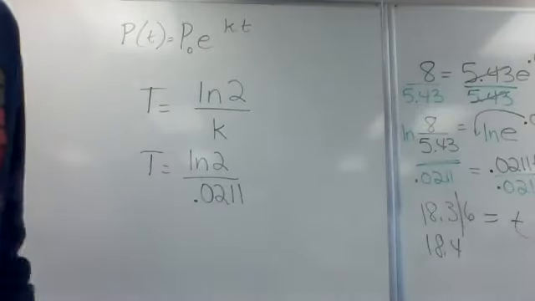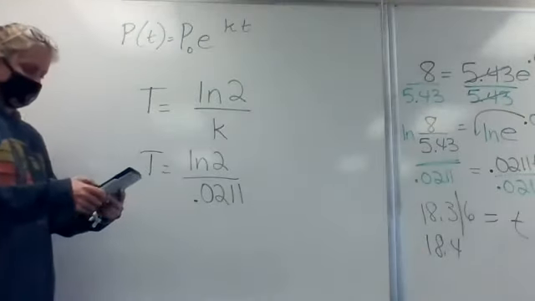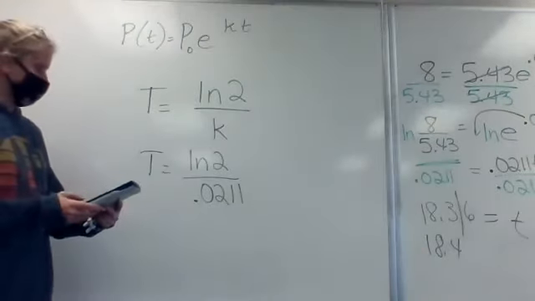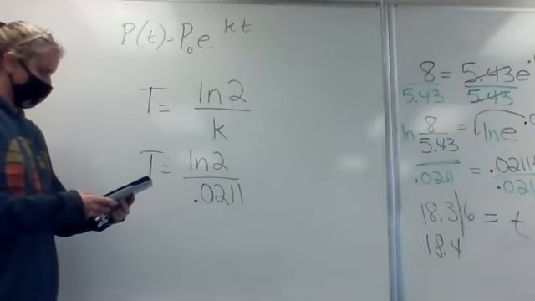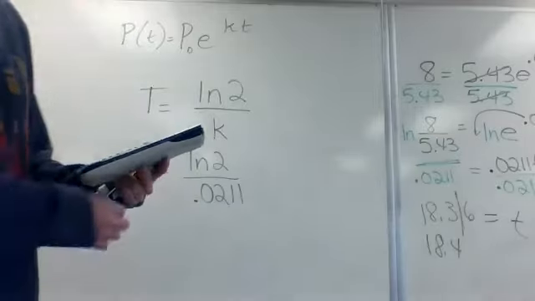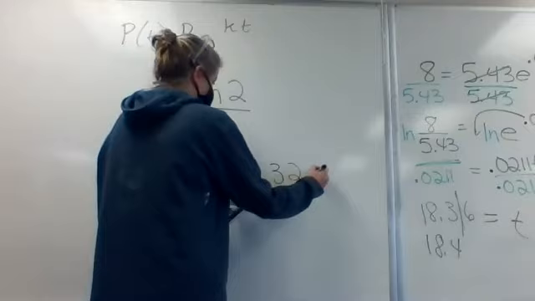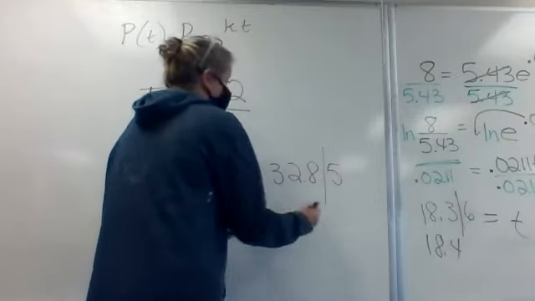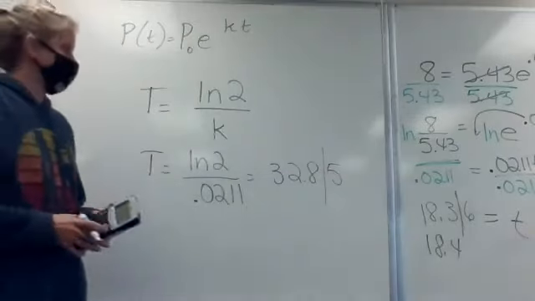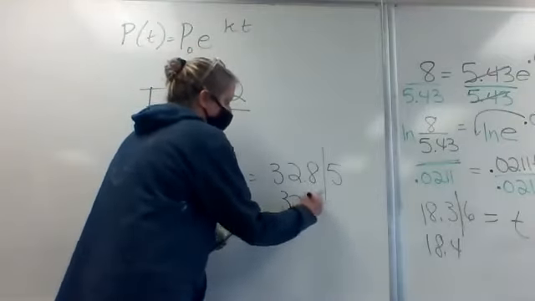And then push that in your calculator. So ln 2, close the parentheses, divide it by 0.0211, round that to the nearest decimal. It wants me to go 1 decimal place again, so the 8 rounds up to 32.9.